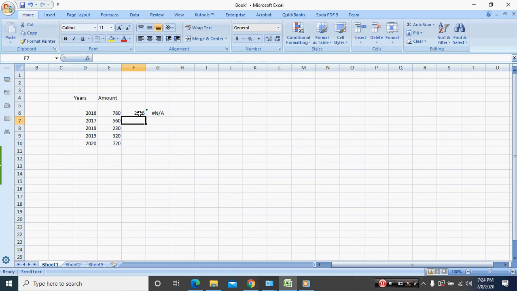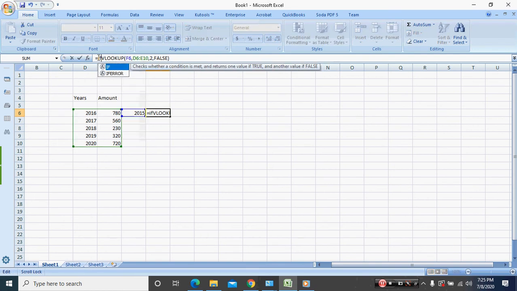Okay? So this tutorial, we are going to look at the IFERROR statement. If there's an error. So basically what we're going to do, we're going to modify this formula to accommodate if there's an error. So let's put IFERROR.